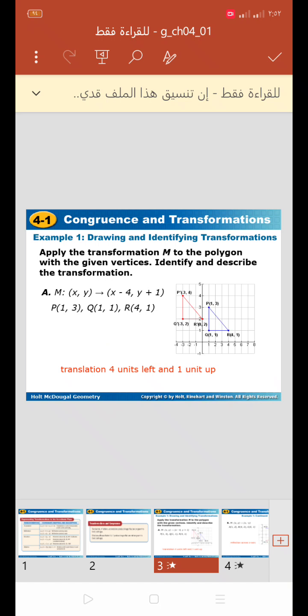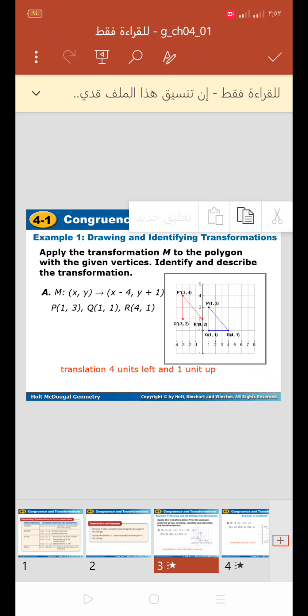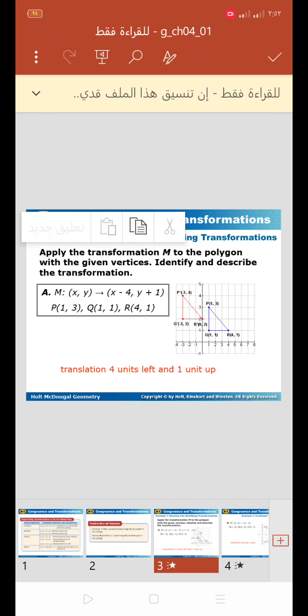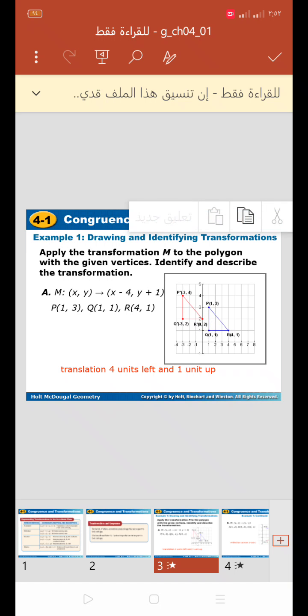Again, Q dash: minus 4, plus 1, so Q dash is (negative 3, 2). And R is (4, 1), so R dash subtracts 4 from x and adds 1 to y. R dash is (0, 2), and we see it in the coordinate plane.